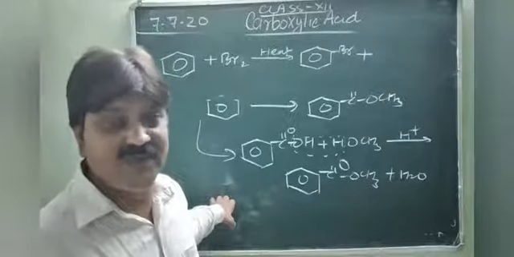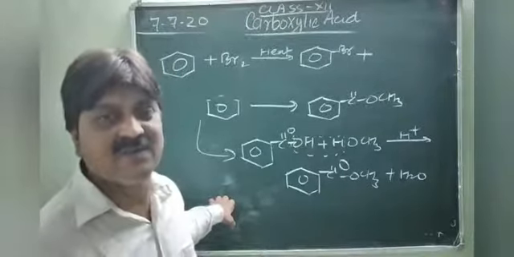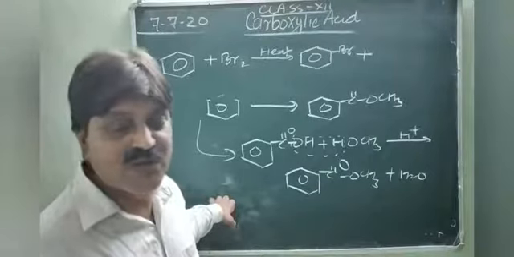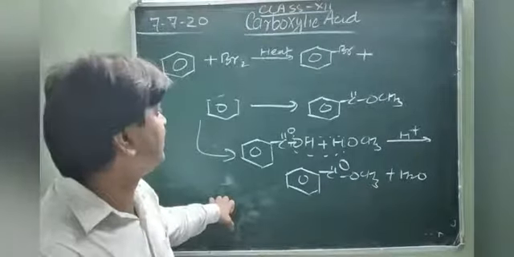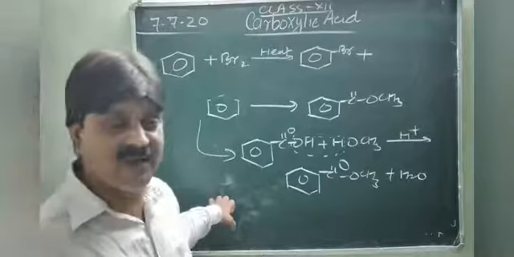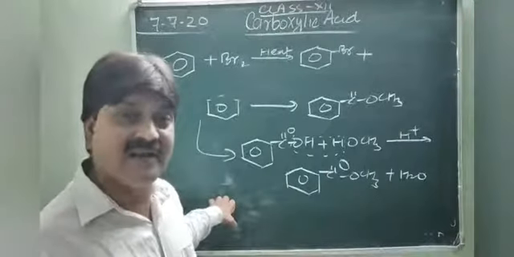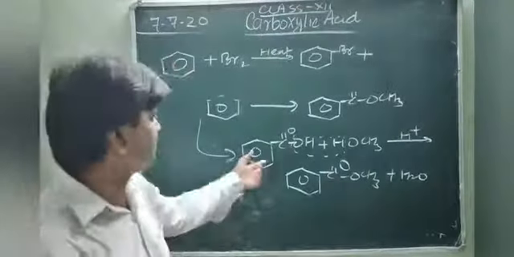You have to read this in the preparation part of carboxylic acids. So you need to convert the benzene into the Grignard reagent and then react it with carbon dioxide. You can get benzoic acid.